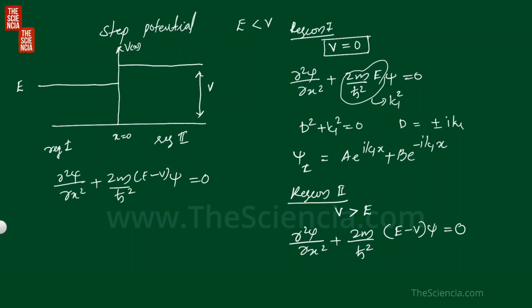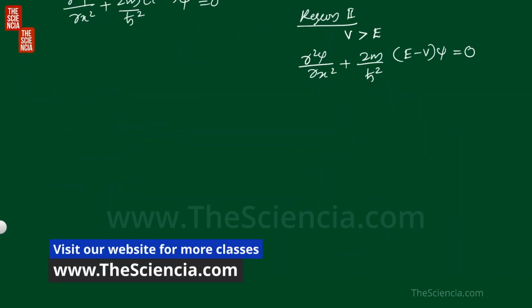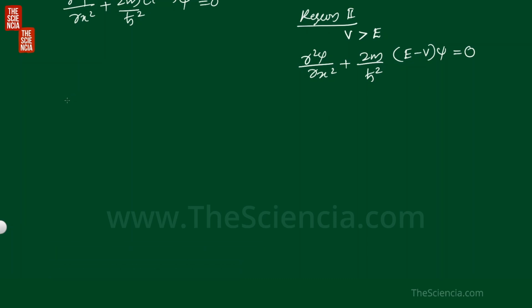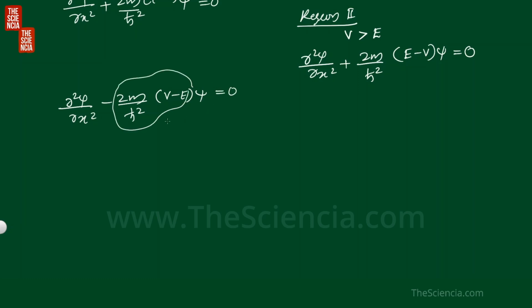Here E is less than V, therefore E minus V will be negative. Therefore I can rearrange the Schrodinger equation as dou square psi by dou x square minus 2m by h cross square into (V minus E) into psi equal to 0. Now this entire term I am calling k2 square.